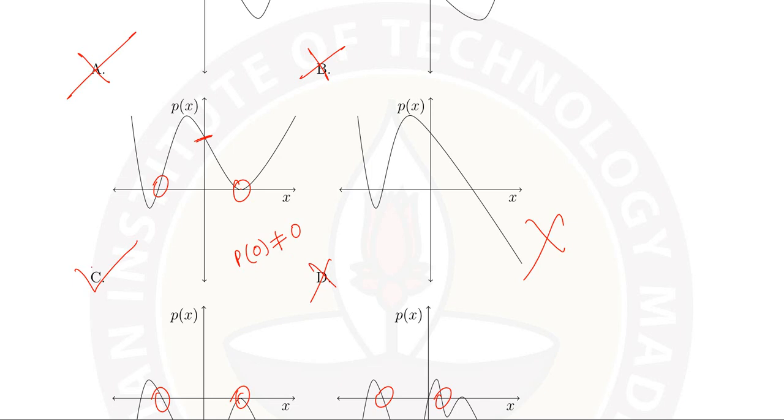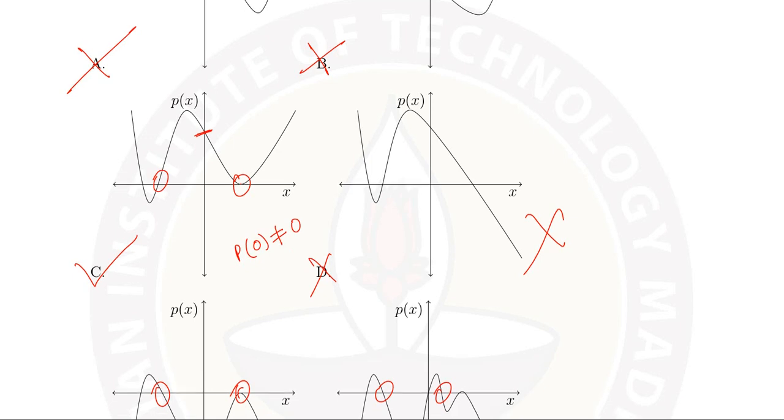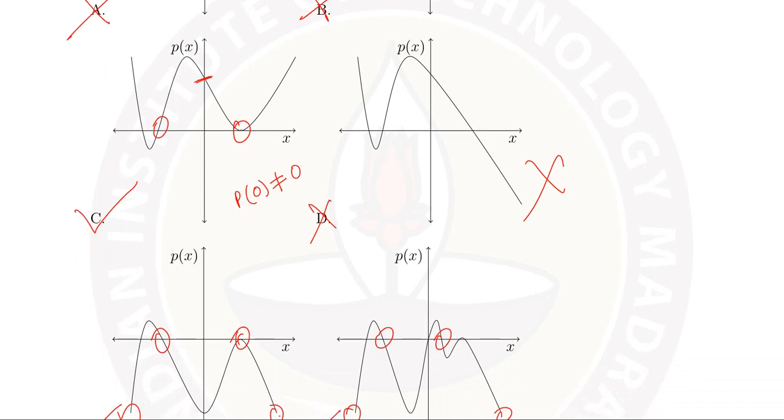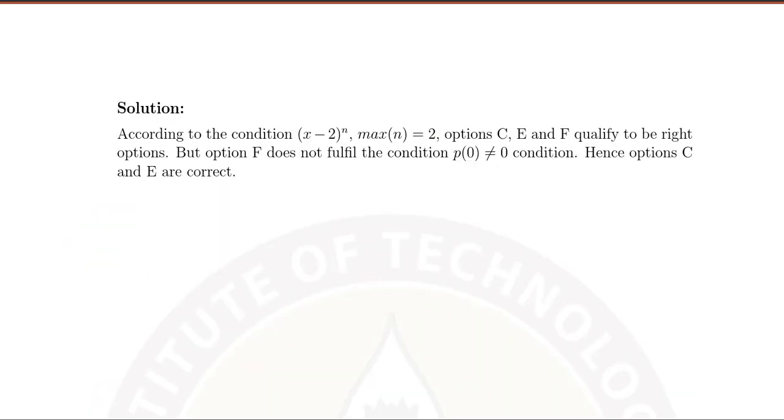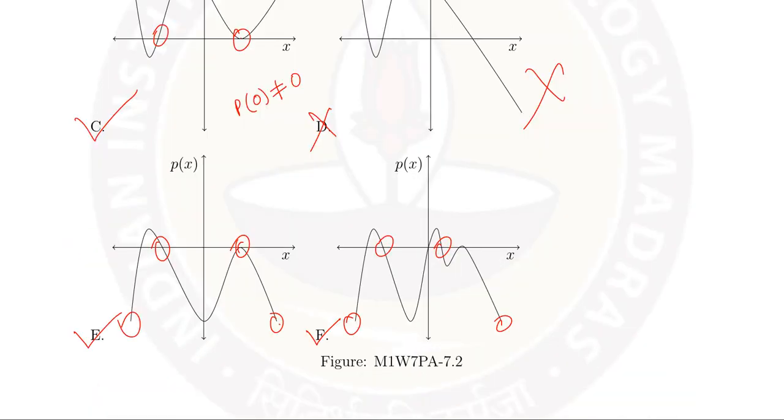Option D is obviously wrong. Option E is again right, because at x equals 0 we see some value of P and it is not equal to 0. But at F, at x equals 0 we see P of 0 is 0. Therefore this option becomes wrong, and therefore the only right options are C and E.